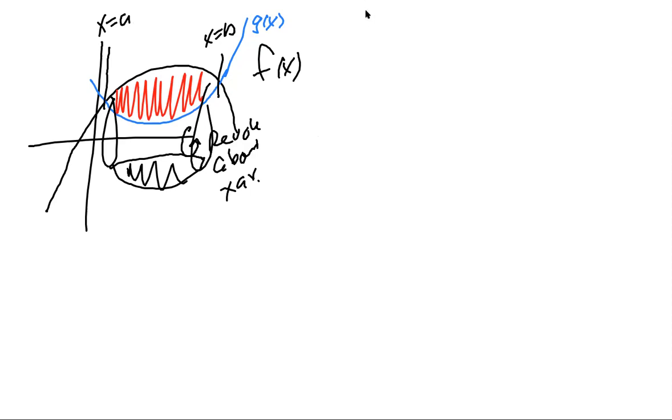So since we're slicing this, we're slicing it like this. That's a little delta x. A typical cross section would look like this. Now that's a washer, and the washer has two pieces. One is going to be the outer radius, which we'll call as big R. The other one's going to be the inner radius, which we'll call little r. Now, little r and big R, two different things.